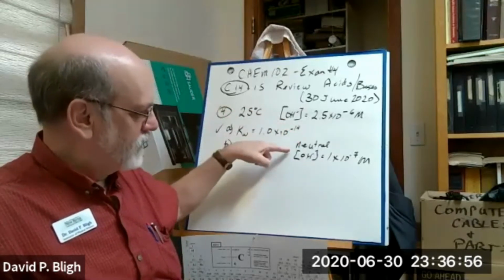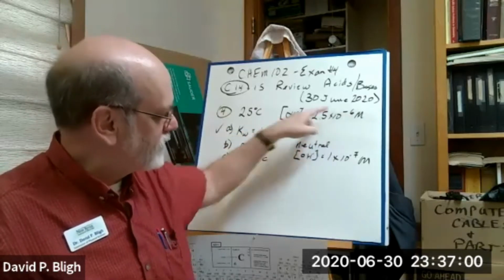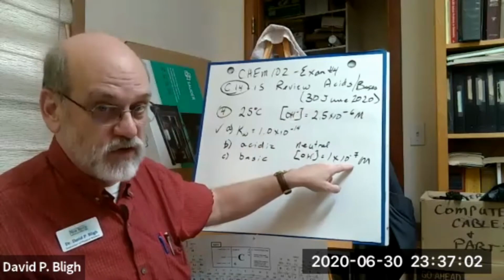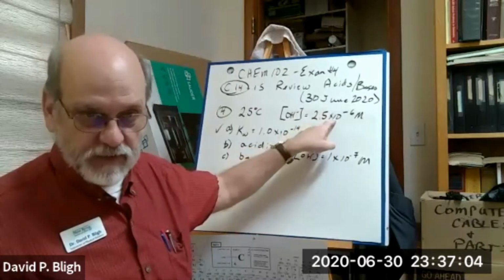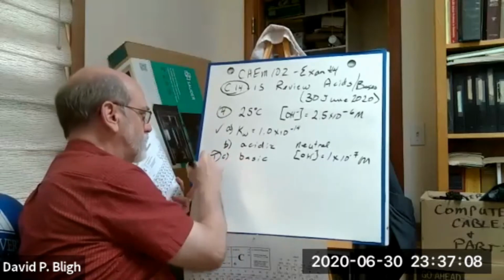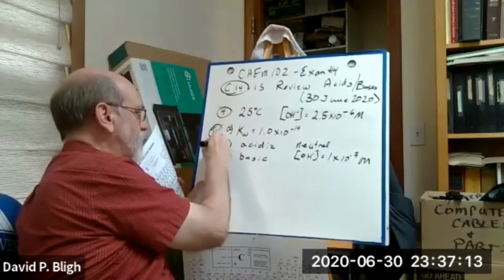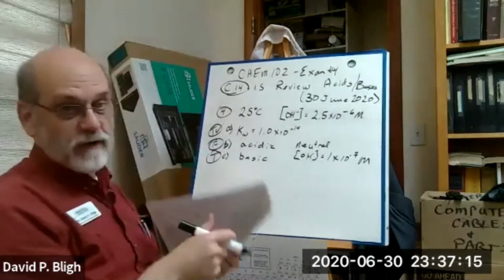The actual concentration is 10 to the minus 6th. 10 to the minus 7th is neutral. We have a basic solution. So that one is true. This one is true. This one is false. So we found our false one.